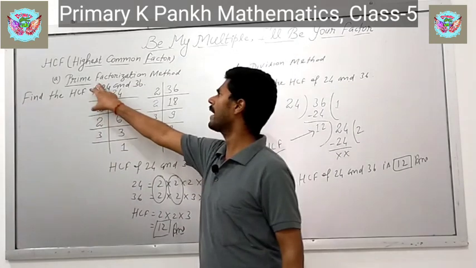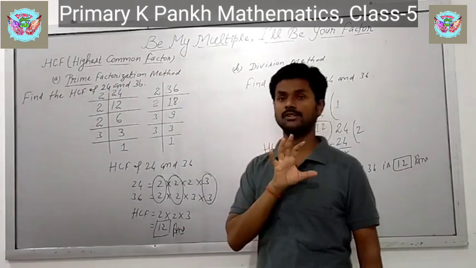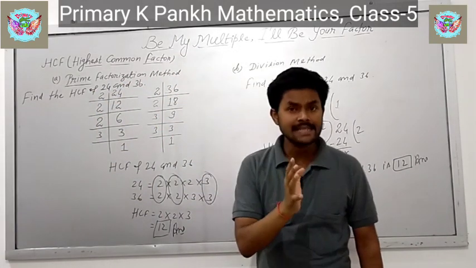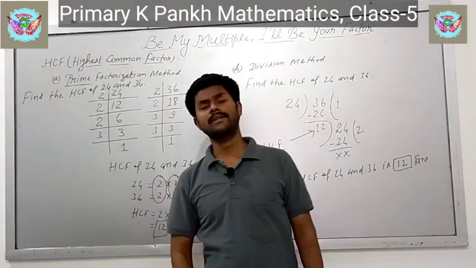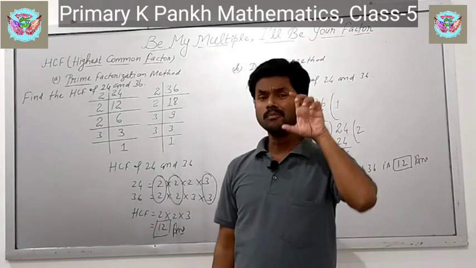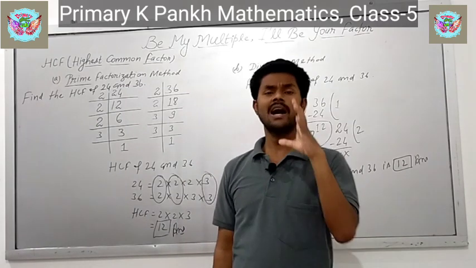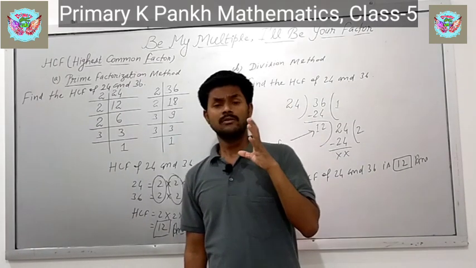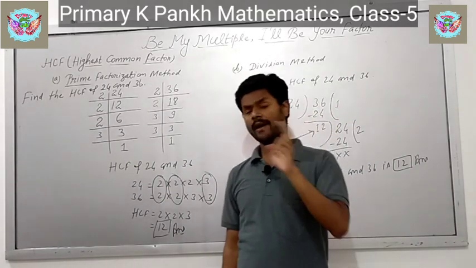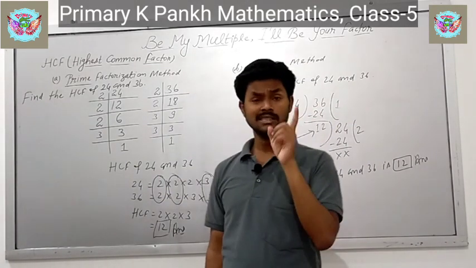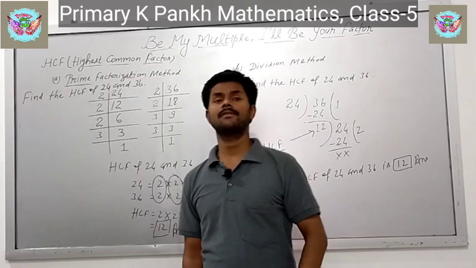So first of all, the prime factorization method. For finding HCF by the prime factorization method, you must know about prime numbers. Prime numbers are those numbers that have only two factors, 1 and itself.